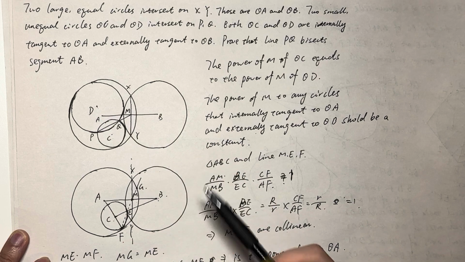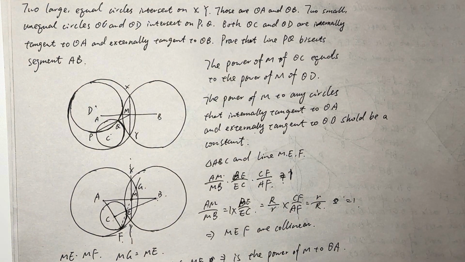Because C and D are in a similar situation, because they are both internally tangent to circle A and externally tangent to circle B. So basically they are the same in that way.